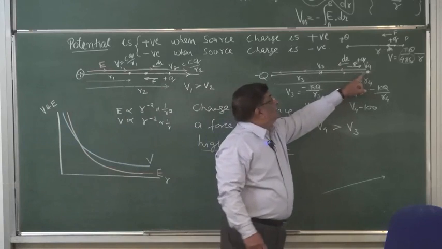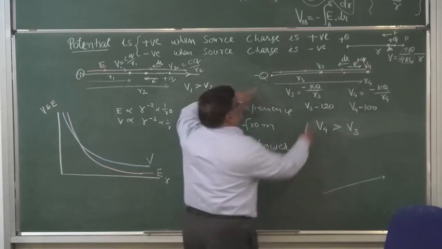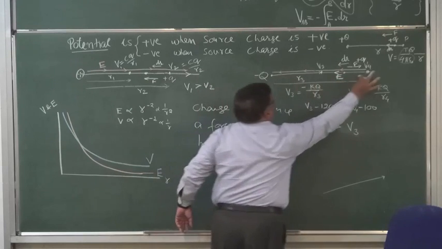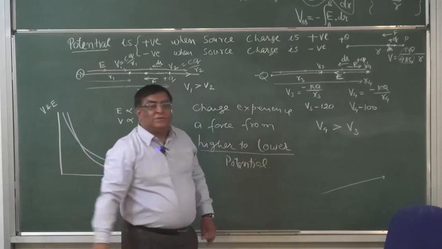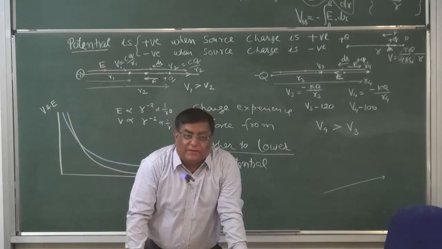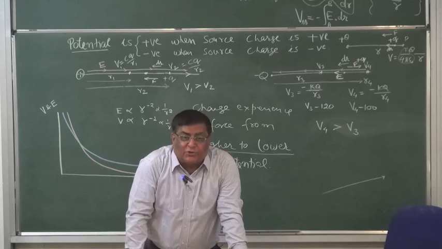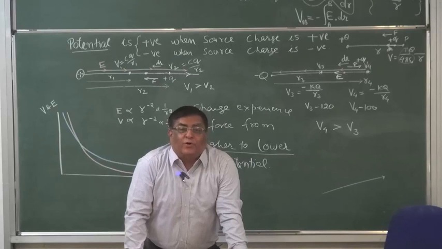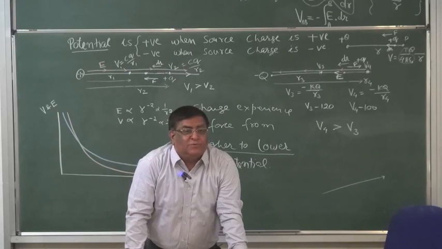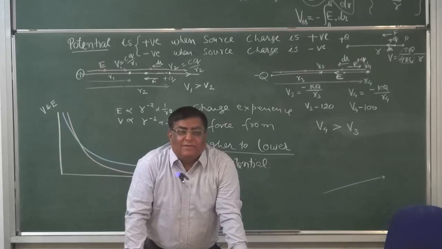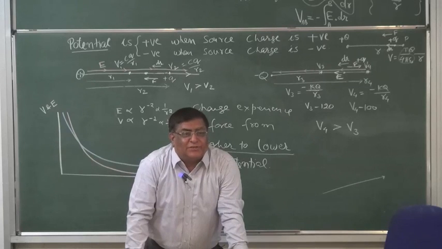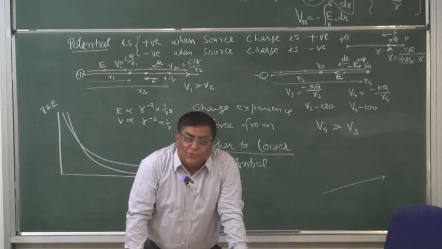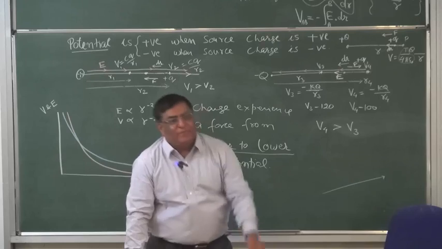Here this is higher, this is lower. Then the direction of electric field is in this direction, E, because this is minus. Positive charge always moves along the electric field, and positive charge is moving from higher potential to lower potential. So electric field is also from higher potential to lower potential. Okay? That is one thing.